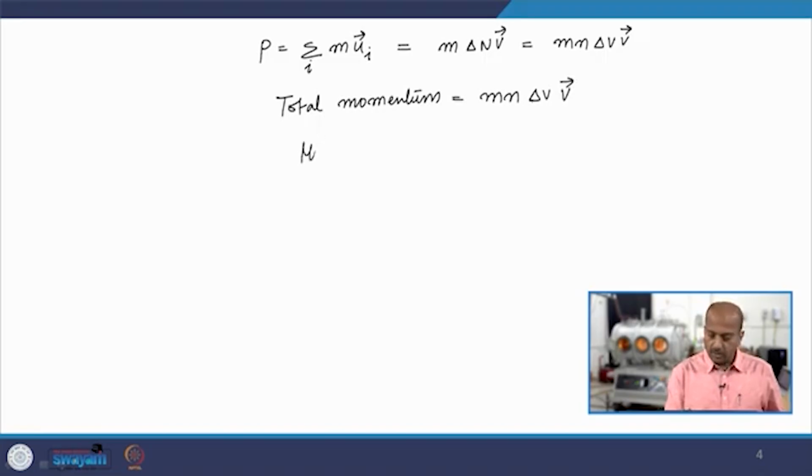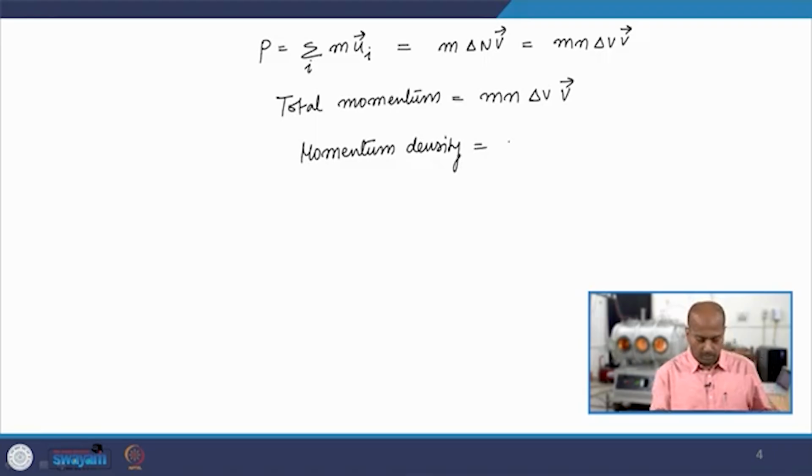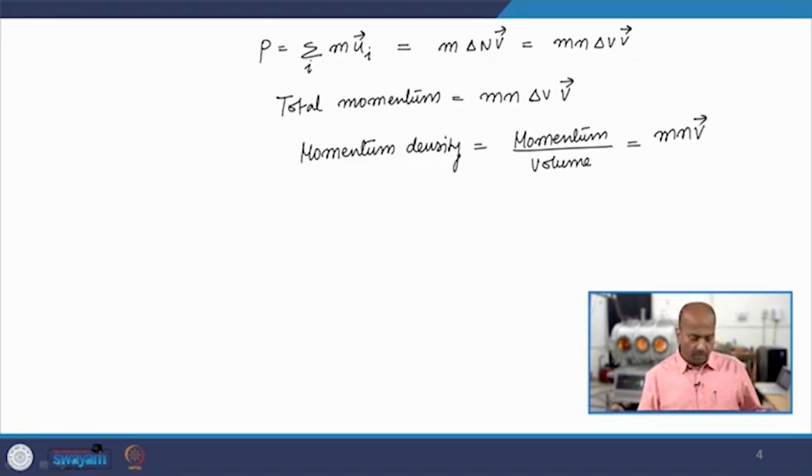Momentum density, similar to the force density, we can write the momentum density is equals to momentum divided by the volume, which is equals to m n v. Right. So, now we have force density and momentum density. So, both of these can be used while using the plasma, while using the fluid equations.